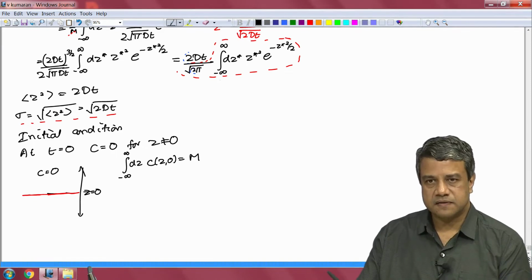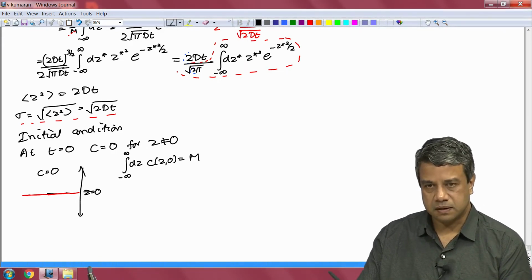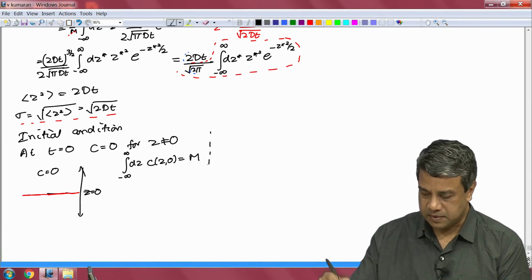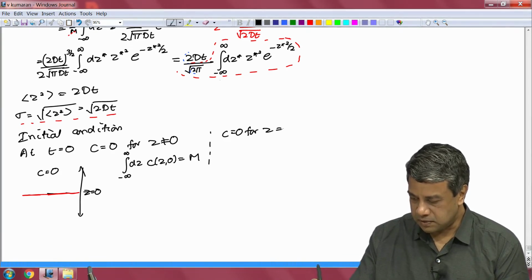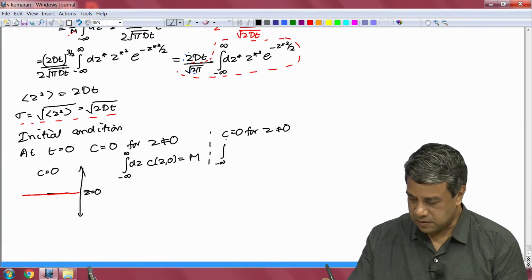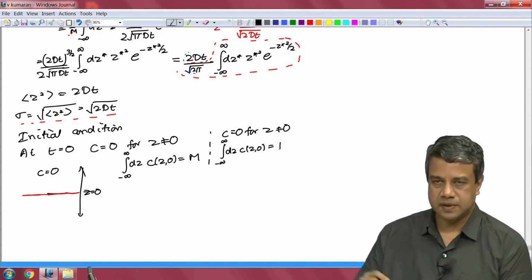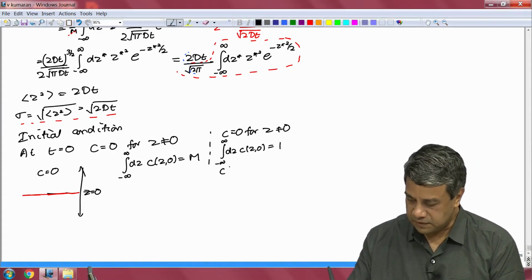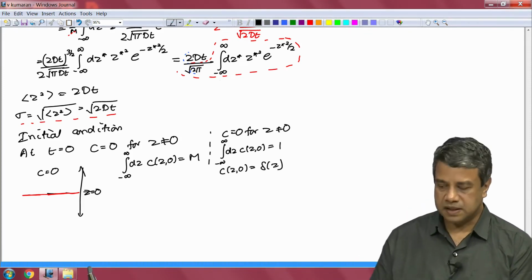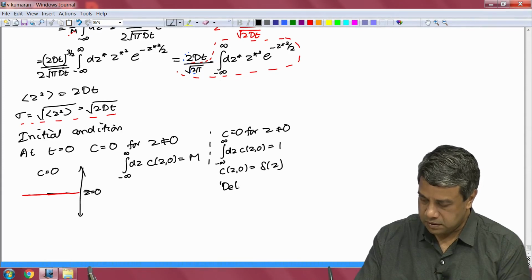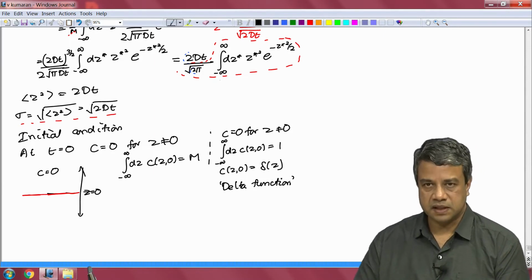The function that satisfies these two conditions, not with mass m but rather a normalized mass, is called a delta function. C of z, 0 is equal to delta of z. It is often called the Dirac delta function.